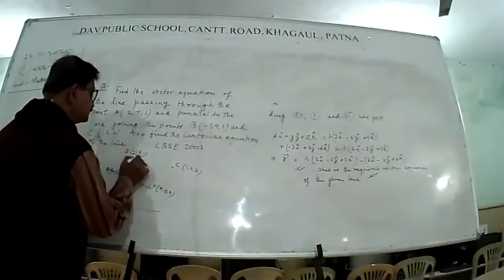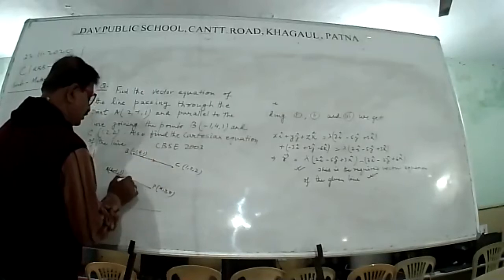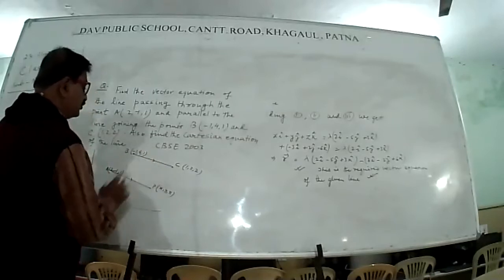So the line is parallel to BC. AP is parallel to BC.